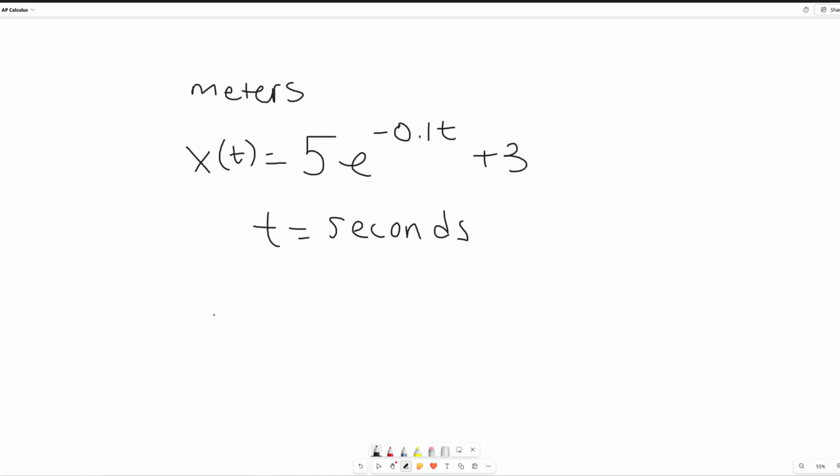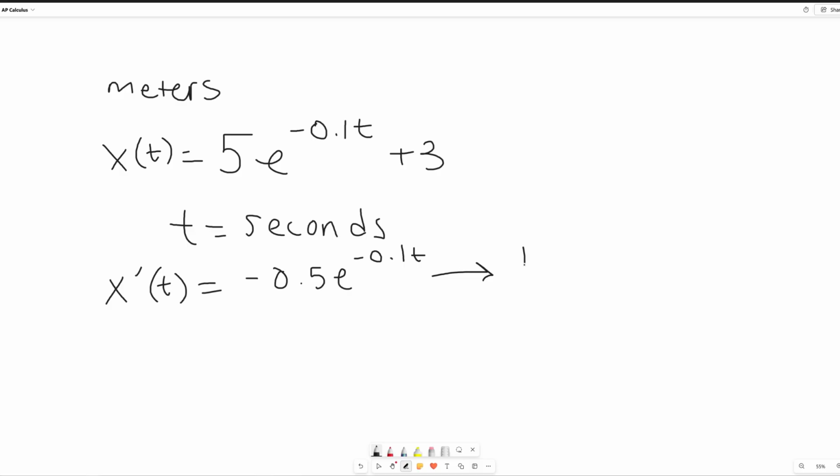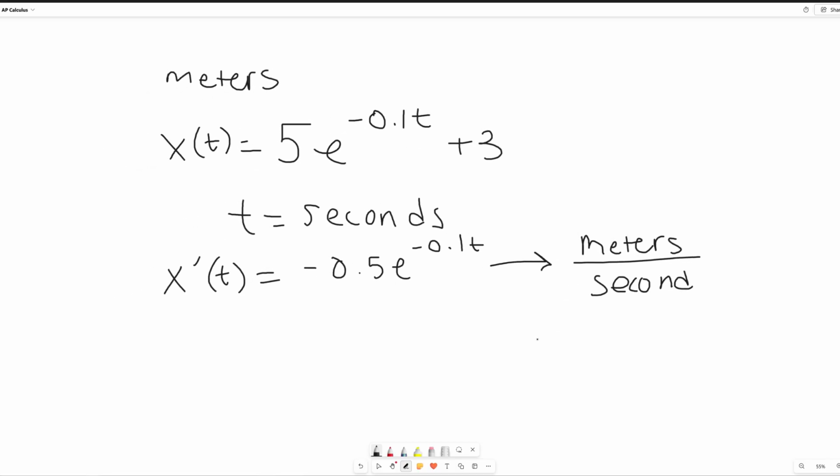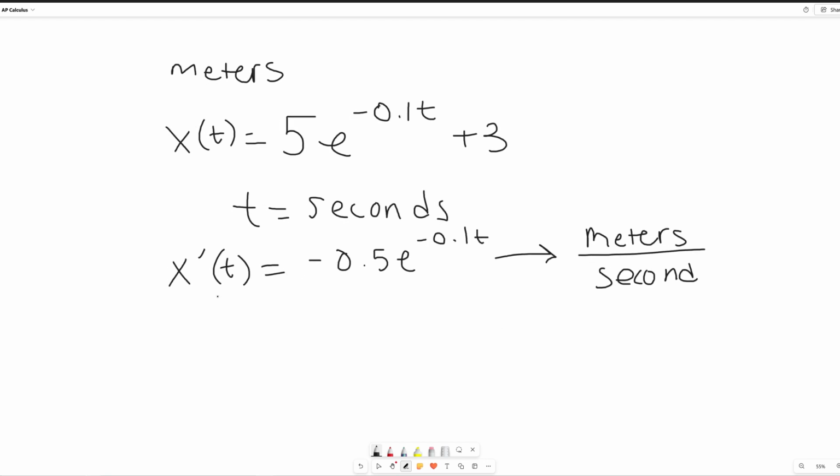So, if you took x prime of t, the derivative of x of t, the function is not that relevant as compared to the idea, which is now, what would the units of x prime of t be? Well, meters per second, as we know from before. But meters per second is the unit of velocity. So that means that the derivative of position is just velocity.